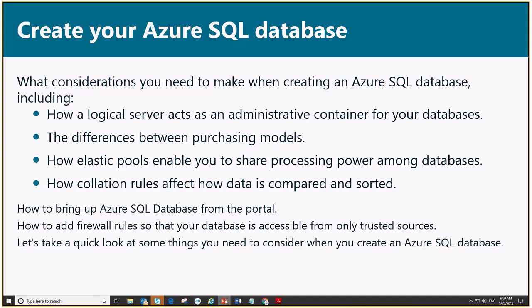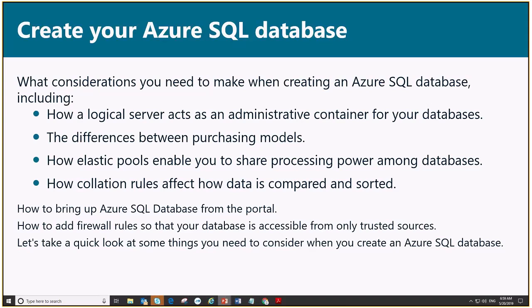All right, here are the differences between purchasing models, and also we are going to create elastic pools to share processing power among databases. That's another cool thing. So think of an elastic pool as like we have 4 or 5 databases, and we set these resources, say, we have 4 CPUs with 200 terabytes of hard drive, this much memory, 1 gig memory.